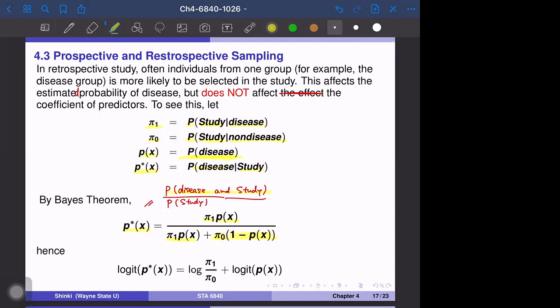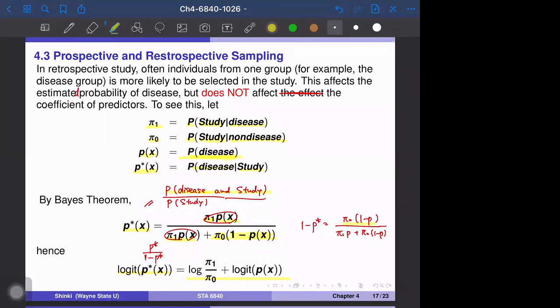And if we think about the logit of P asterisk X, that is P asterisk over 1 minus P asterisk, then it becomes this shape. Because 1 minus P asterisk is a pretty simple shape, that is pi naught times 1 minus P over pi1 P plus pi naught times 1 minus P. The denominators are the same.